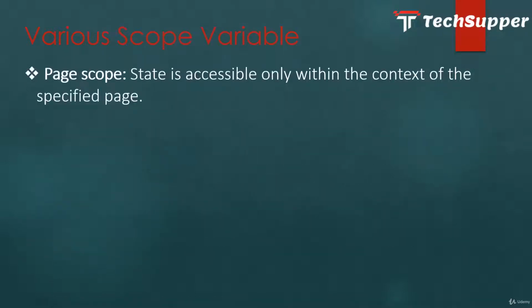Various scope variables. We have different variables, like the page variable, which is a page scope variable. State is accessible only within the context of the specified page.